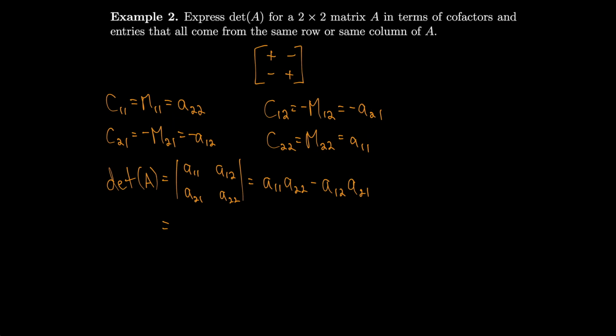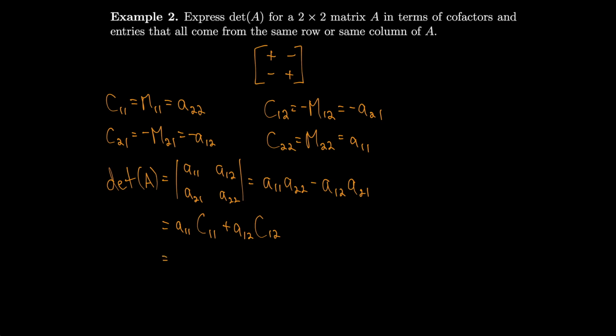So I could write it as A11 times C11 plus A12 times C12, just by swapping out A22 for C11 and by swapping out A21 for minus C12. I'll just move the minus to the other side, and then notice the minus will cancel and give me a plus.